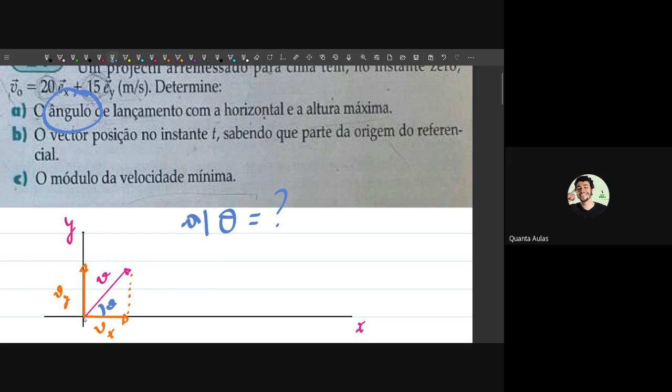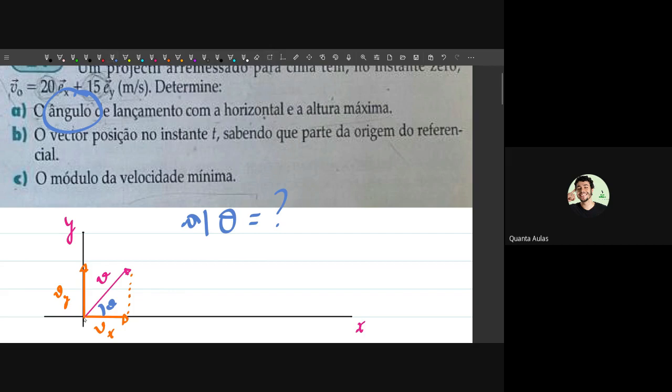As you can see, we have an angle in this triangle. Our body was launched with an angle. So we can do trigonometric things to understand this, because we have the values of the velocity in the axes.